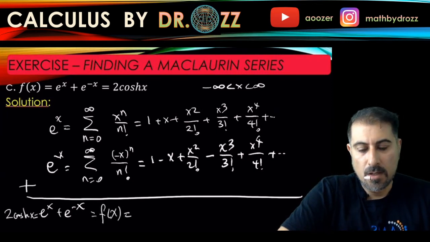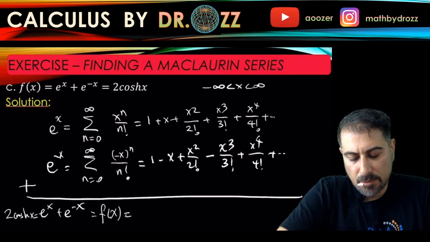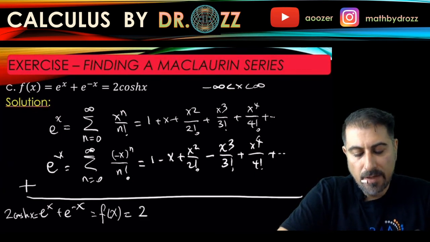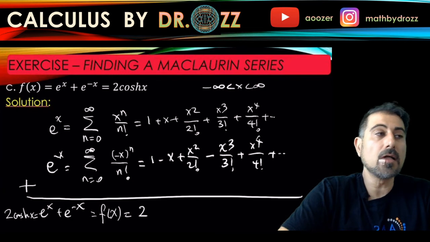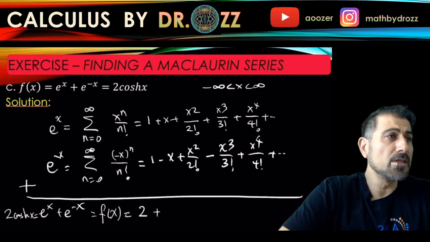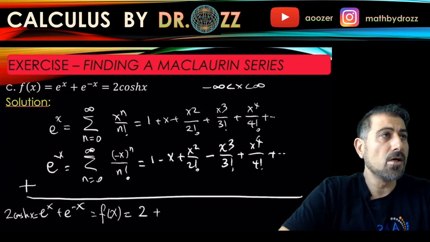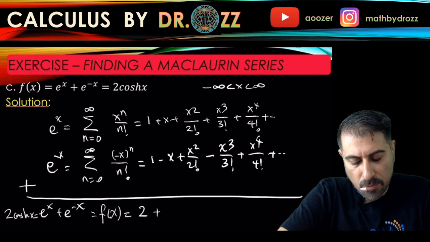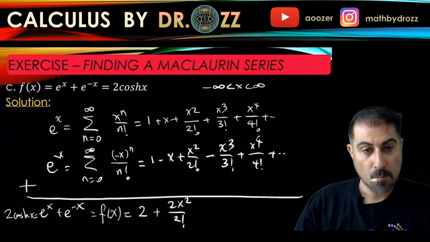Okay. So I have 1 and 1 that adds up to 2. I have x and minus x, they cancel out. I have x squared over 2 factorial and x squared over 2 factorial added, so what that means is I have 2 times x squared over 2 factorial.